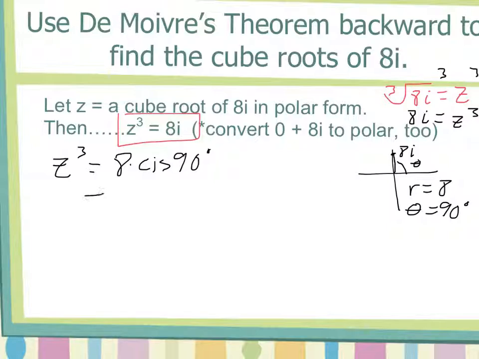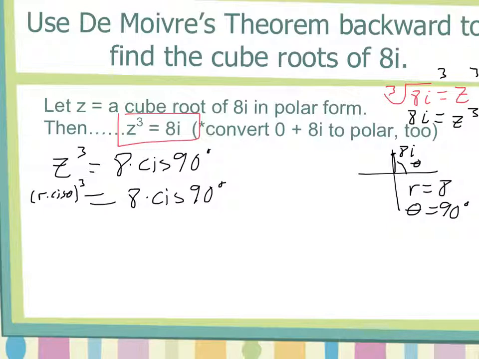And over on the left, I'm going to fill in here that I'm looking for r cis theta to the third. That's essentially what I'm after. For a complex number, what value for r and theta, when I raise that number to the third power, will equal this?